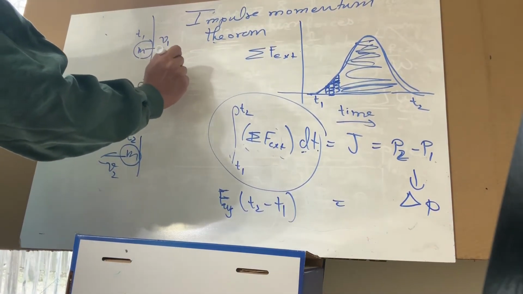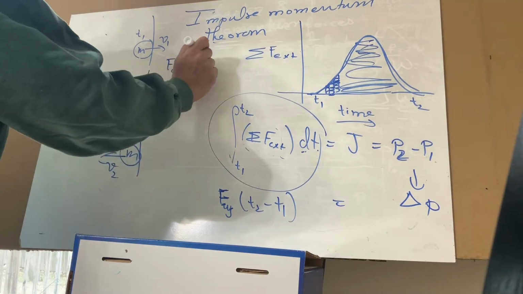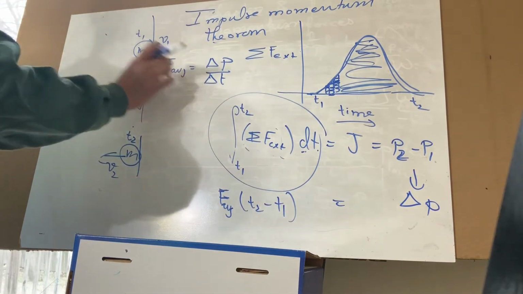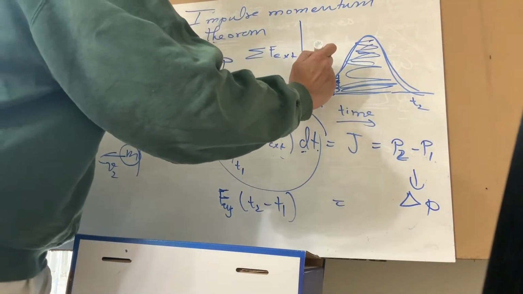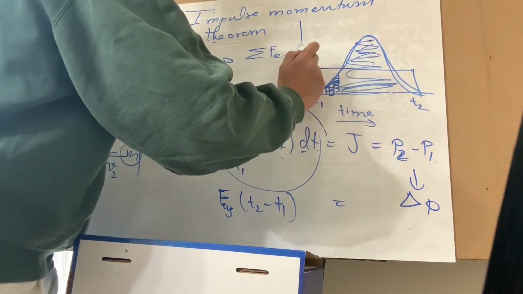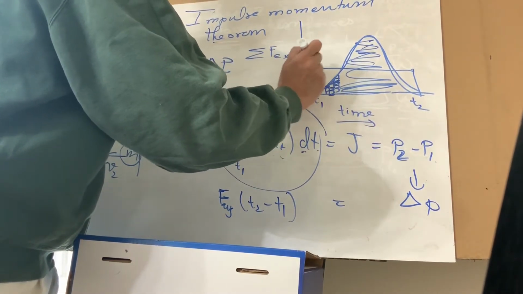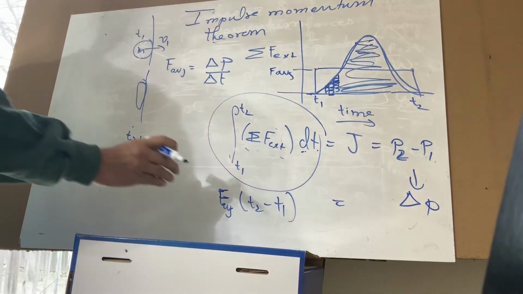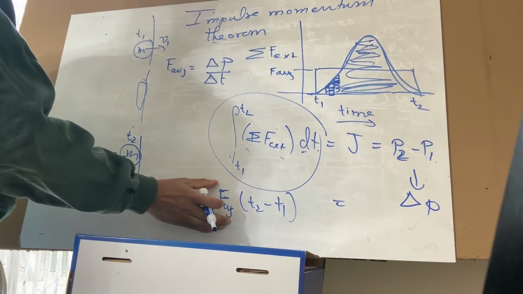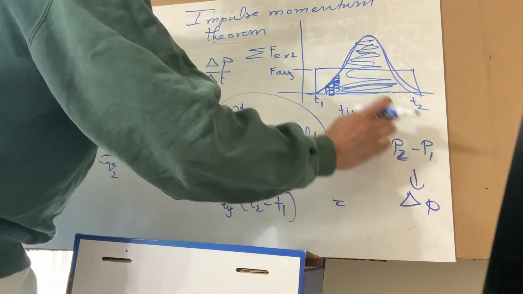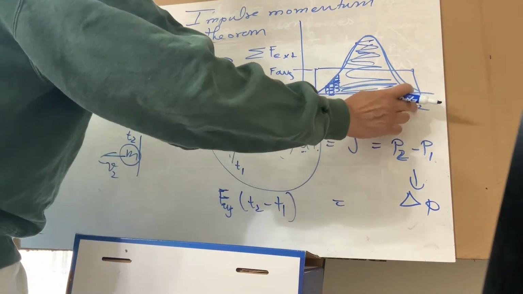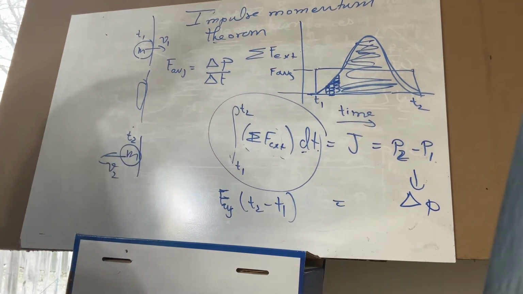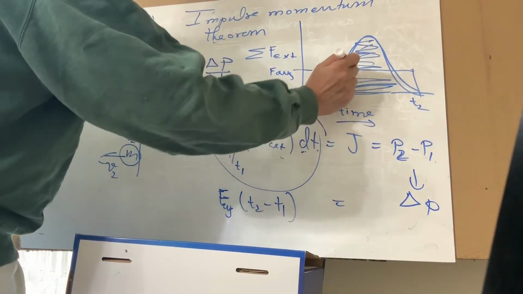F average is equal to the change in momentum divided by the change in time. That will be the average force from T1 to T2. The area of that average force is this.